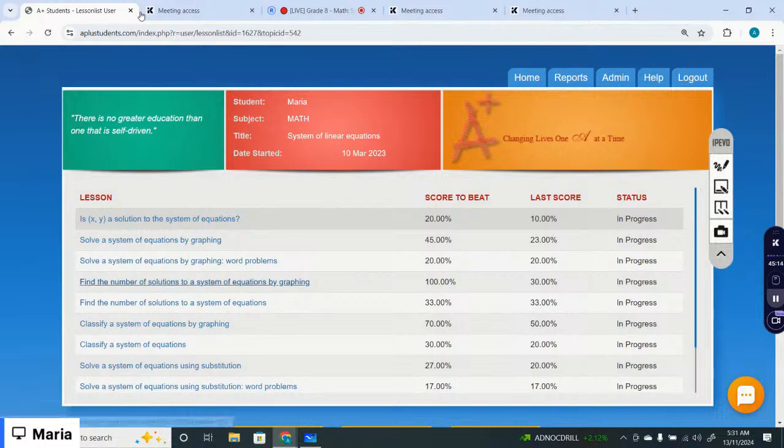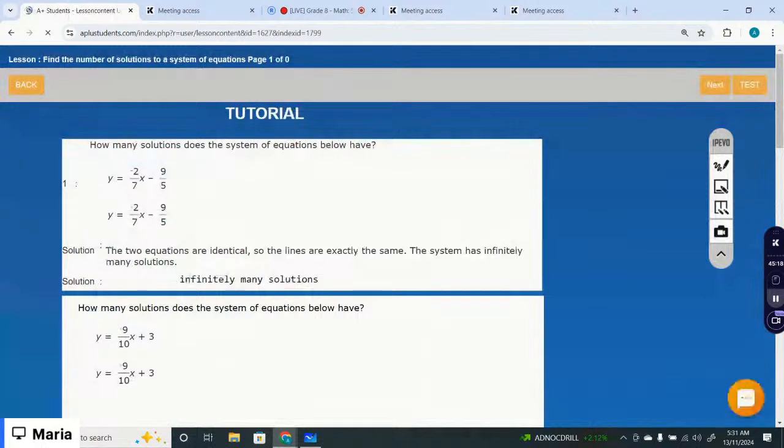The next lesson is find the number of solutions to a system of equations. How many solutions does the system of equations below have? Y equals negative 2 by 7x minus 9 by 5, and y equals negative 2 by 7x minus 9 by 5.